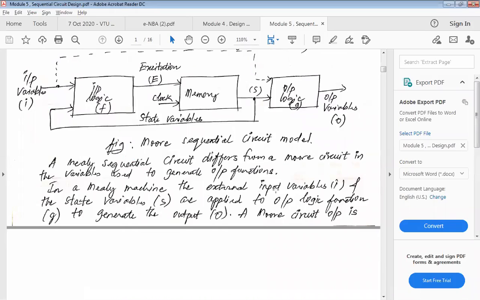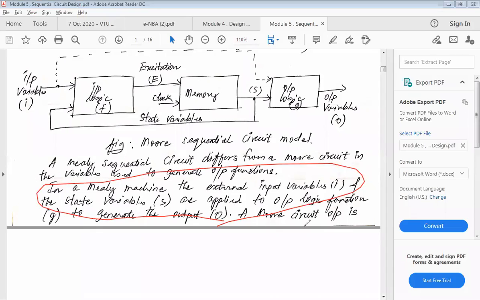In a Mealy machine, the external input variables, which is I, and the state variables are applied to the output logic to generate G, the output. So this is important. This definition that you are seeing here, if I ask what is a Mealy machine, is important.